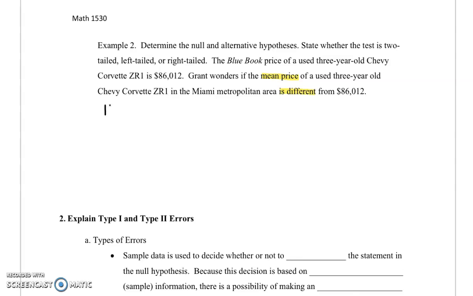So here we have our H naught. Okay, our parameter this time is a mean. So we use mu, the symbol for population mean. Remember, H0, H naught, always has an equal sign. So in this case, it equals the mean price.